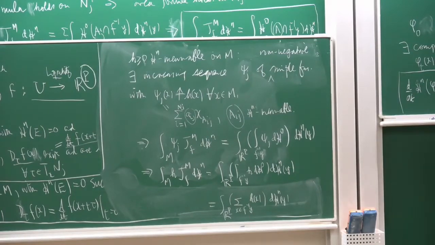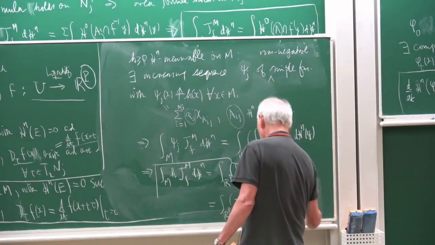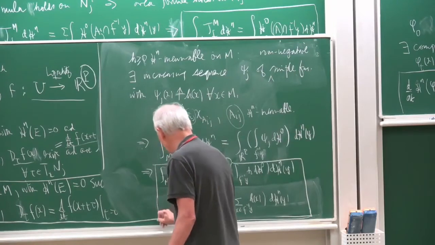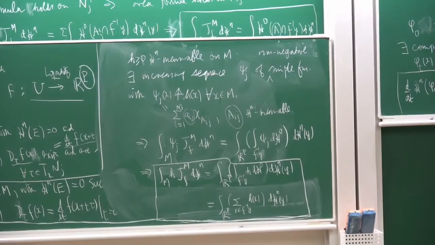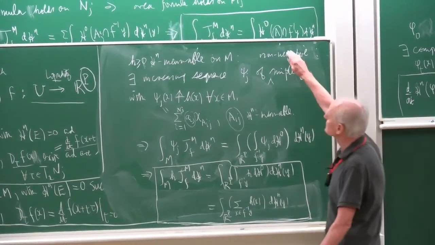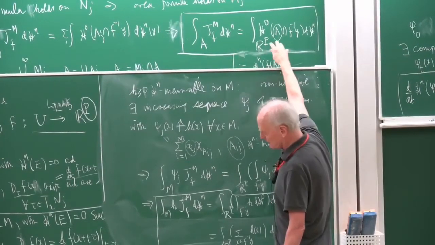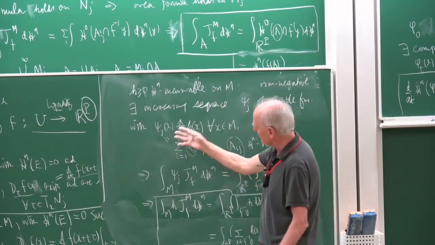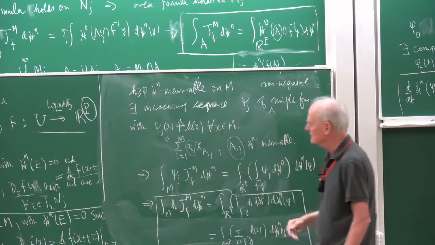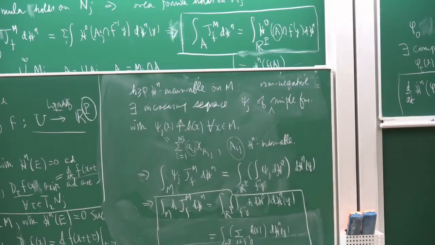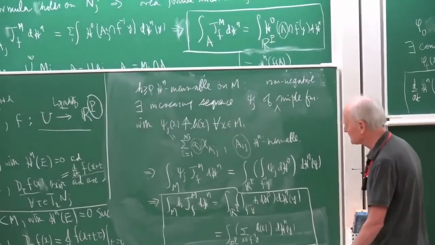So that's the general area formula. We're going to make use of that in a couple of places. It's a nice fact that you simply use the area formula as we proved it, and then approximate a given non-negative measurable function by an increasing sequence of non-negative simple functions, and you get this nice general formula.